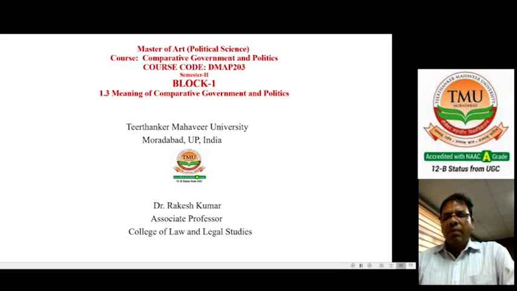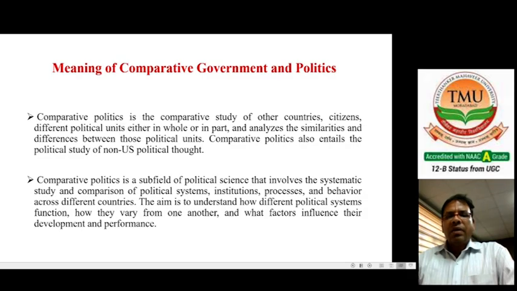So here are some important slides. Come to the next slide. When we are talking about the meaning of comparative government and politics: comparative politics is the comparative study of other countries, citizens, and different political units, either in whole or in parts, analyzing the similarities and differences between those political units.